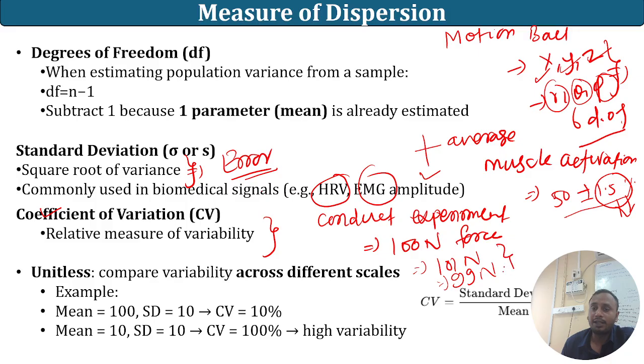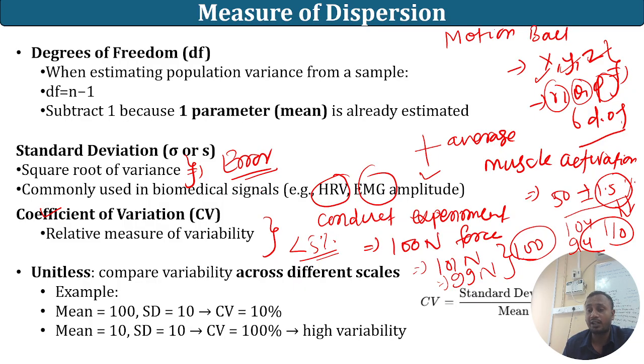Let's say we have 100 participants and we collect the data. Sometimes it went to 104, sometimes to 94 or 110. But the overall coefficient of variation was less than 5%. So it means we have assured that there was not much variability while collecting the data.